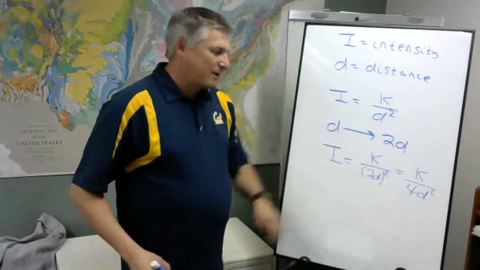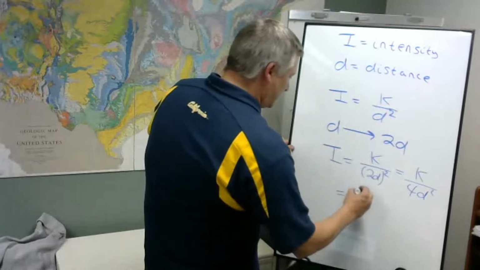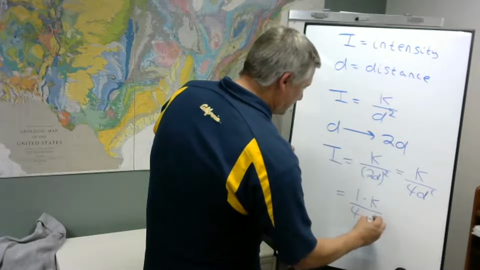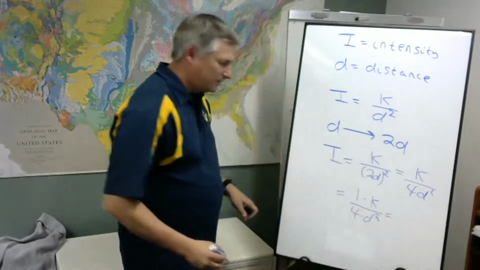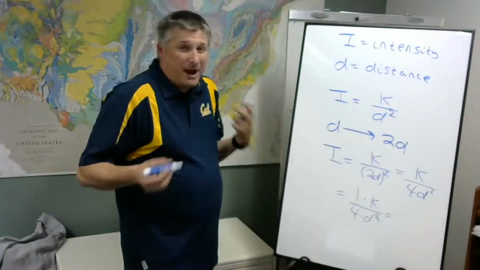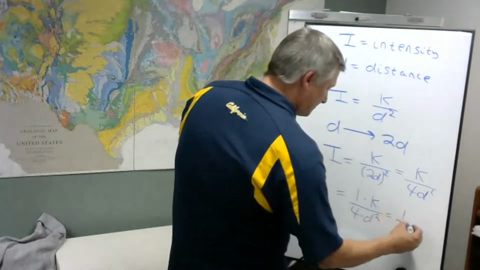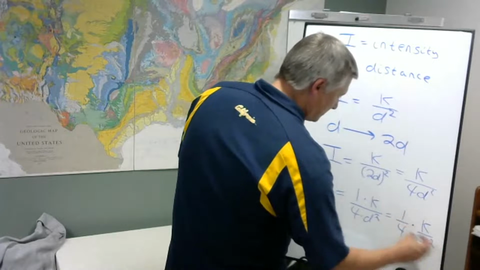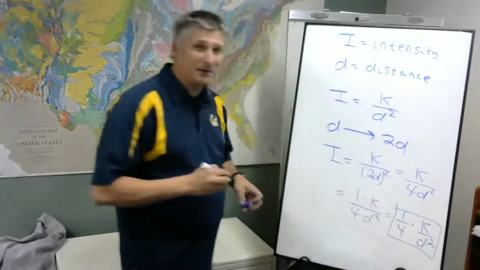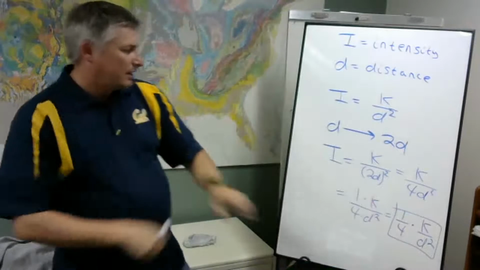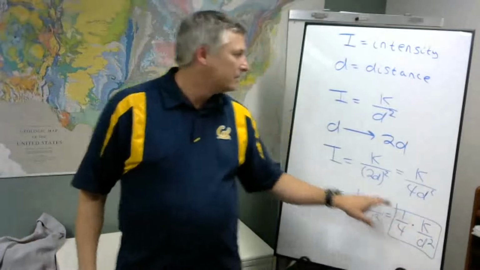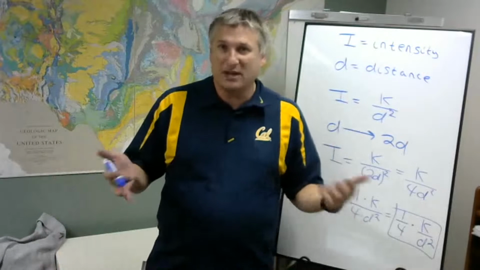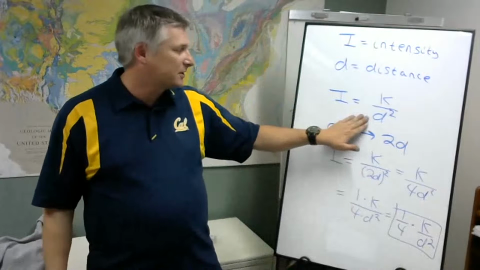And we can factor out this 4 as a 1/4. We could say this is 1/4 times K over D squared. We could break this up like we're breaking up fraction multiplication. And this is the part we want to see. K over D squared is the intensity when we're sitting distance D. Say we're in the second row. That's the intensity.